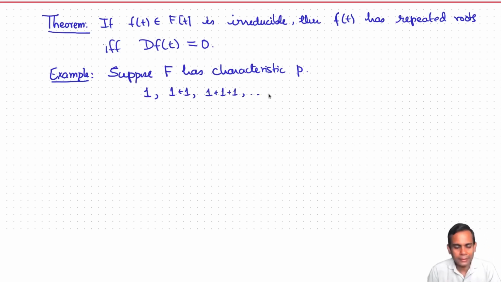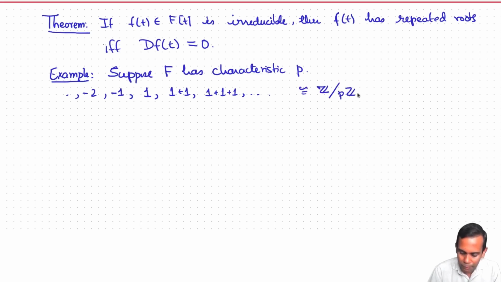So this generates a monoid, and you can also take minus 1, minus 2, and so on. It could be either isomorphic to Z, or it could be isomorphic as an abelian group to Z mod pZ, where p is a prime.